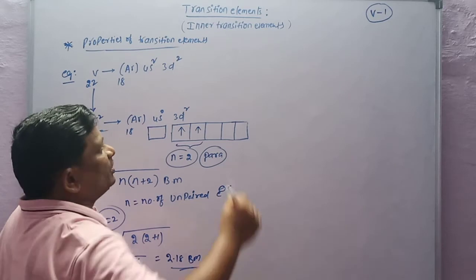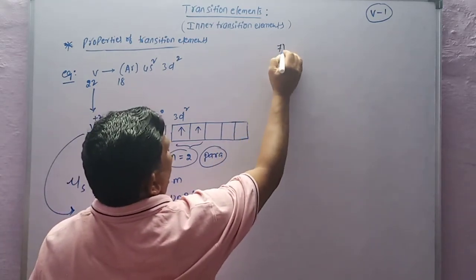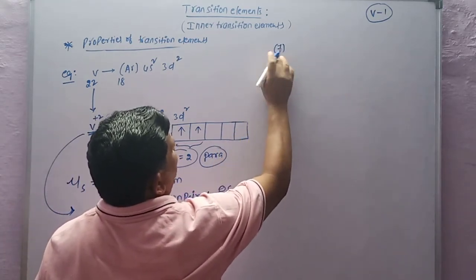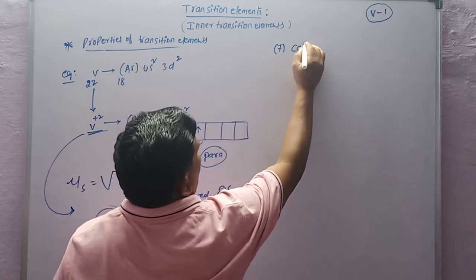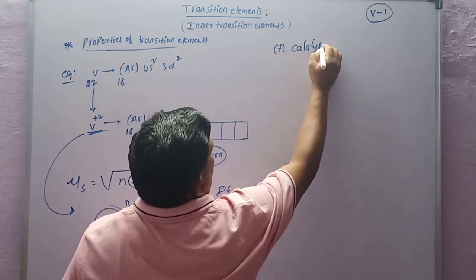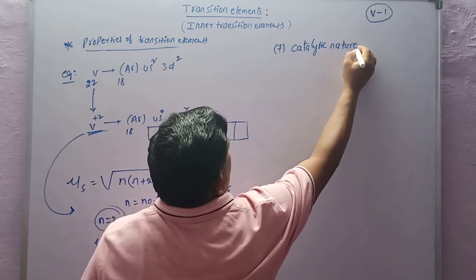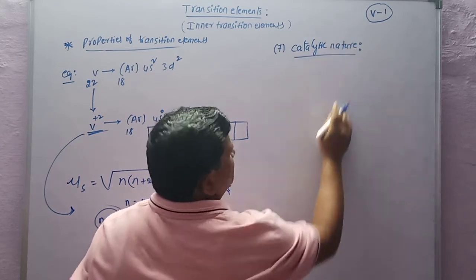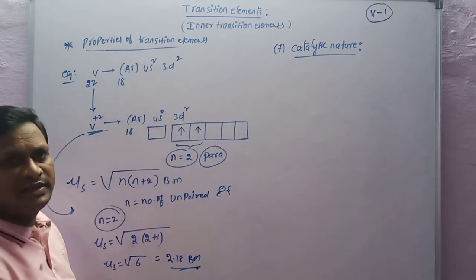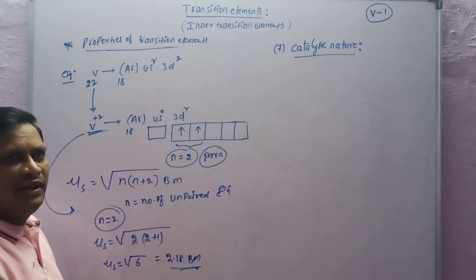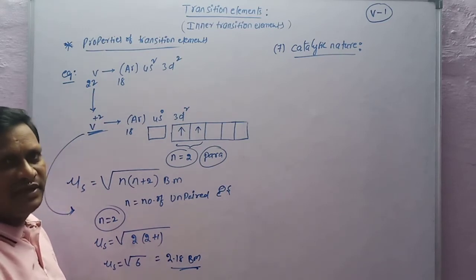The next property, the seventh property, is catalytic nature. What is the function of a catalyst in reactions? A catalyst increases the rate of reaction and also decreases the activation energy.